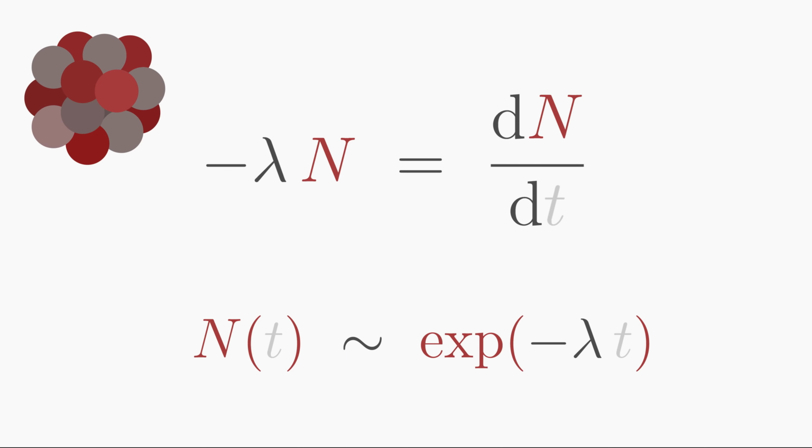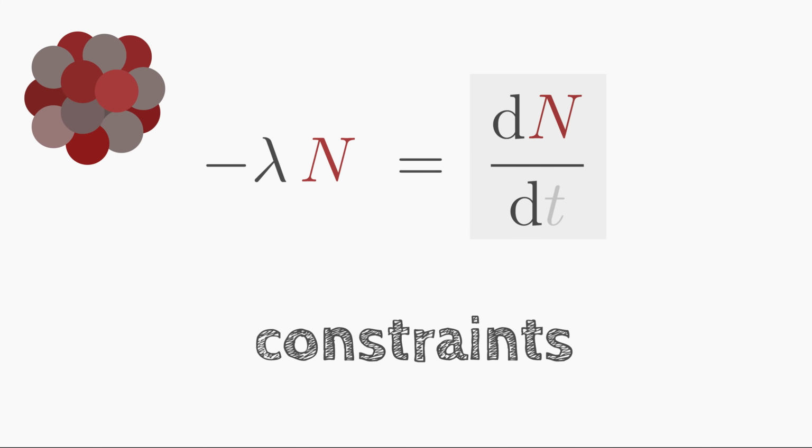This is exactly why, for every differential equation, there are usually given constraints. These are additional information which must be given to a differential equation in order to specify the solution of the equation. The number of necessary constraints depends on the order of the differential equation.